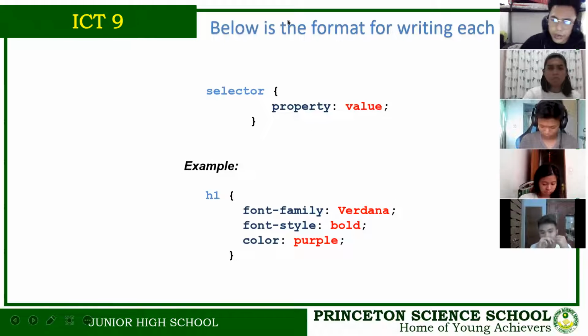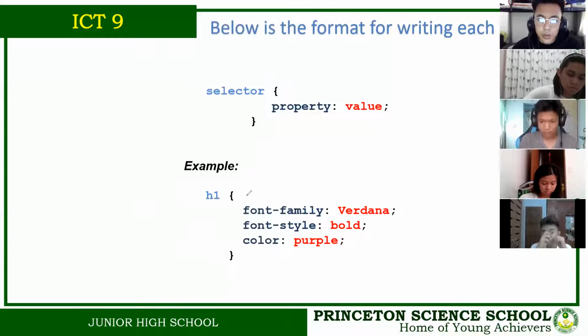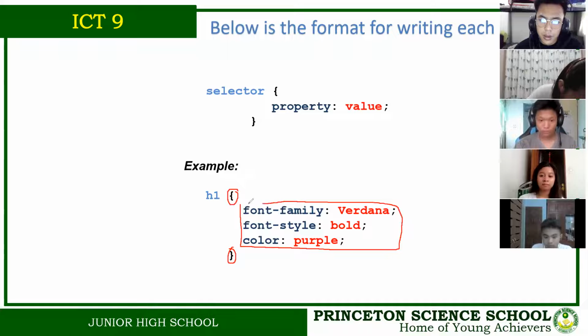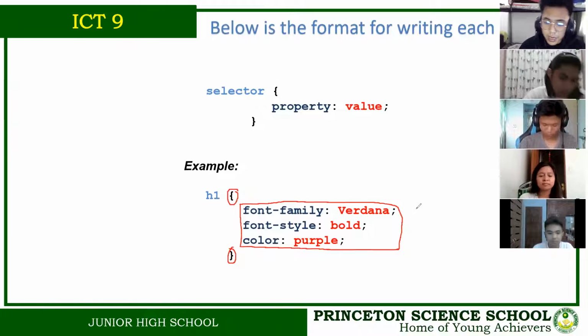Okay, so if you're going to look at the example from what it said earlier, declaration blocks are surrounded by curly brackets. So if we have our curly brackets here, the one that's surrounding it is this one. Okay, so this is considered as our declaration block. Why is it a declaration block? Because it is a group of declarations.